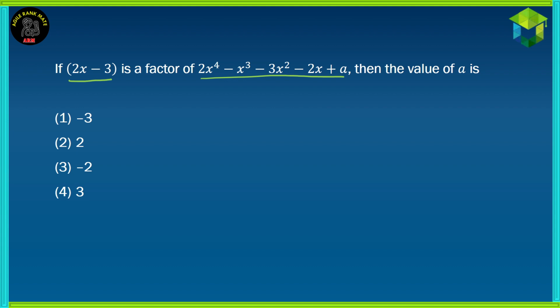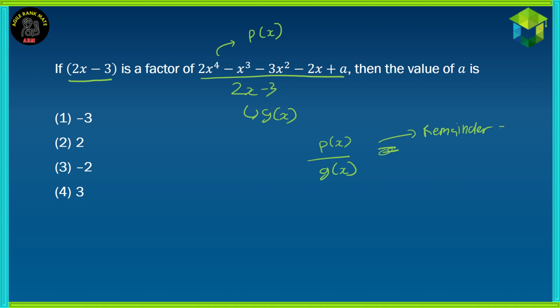For example, if we divide this whole, let's name this as p of x, and this 2x minus 3 as g of x, then p of x divided by g of x would be a number, but their remainder would be 0.